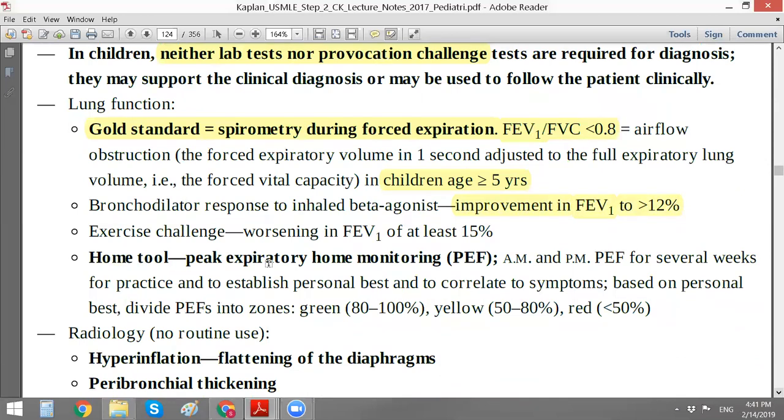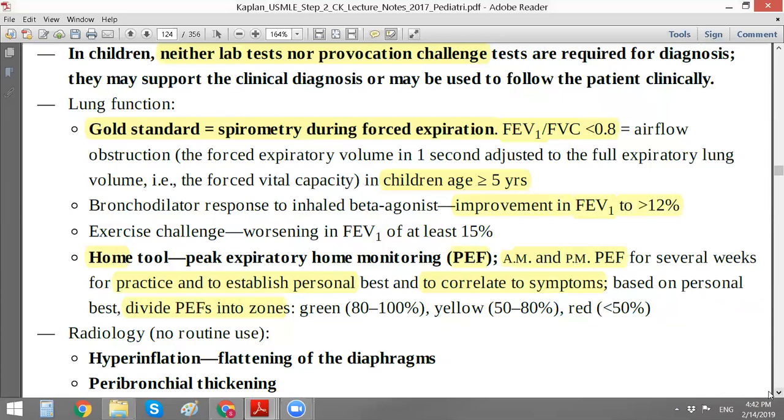The home tool is PEF, peak expiratory flow. It's very good because it can tell us what's going on daily. Do AM and PM PEF for several weeks to practice, establish personal best, and correlate to symptoms. Based on personal best, divide PEFs into zones: green is 80 to 100%, yellow is 50 to 80%, and red is less than 50%.